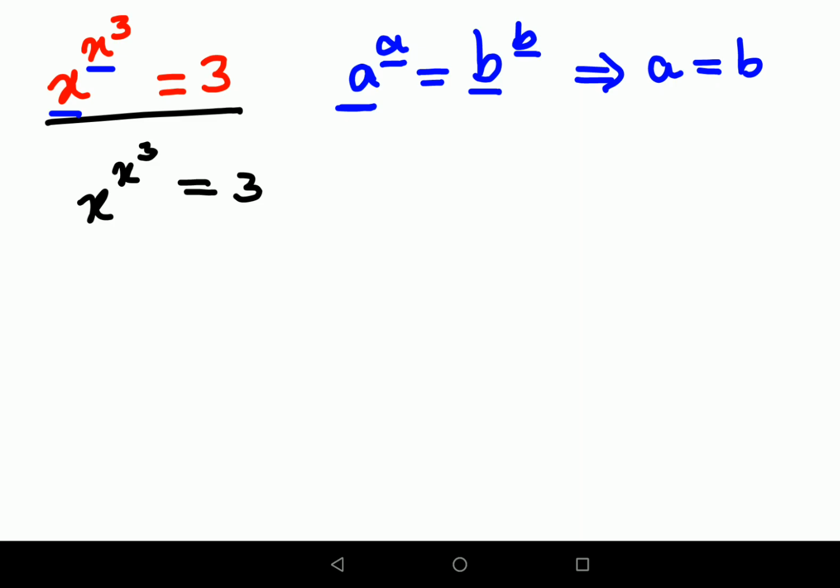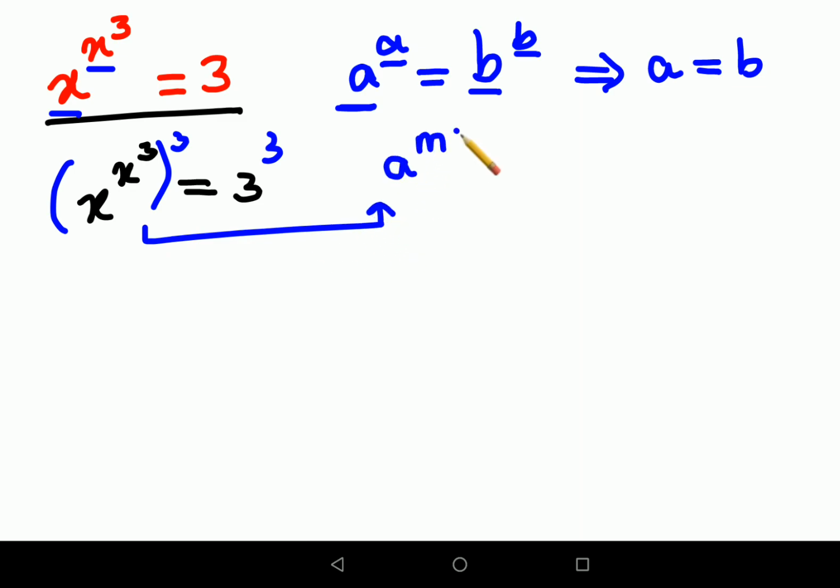So now how will we do that? What we'll do is we'll take cube on both sides. Now please understand, here in your LHS you have to remember this law of indices: a raised to m, the whole raised to n, is equal to a raised to m into n. And we know that multiplication is commutative.